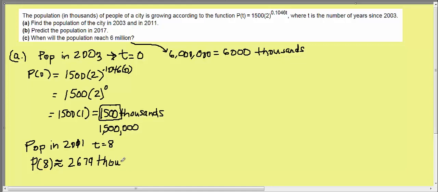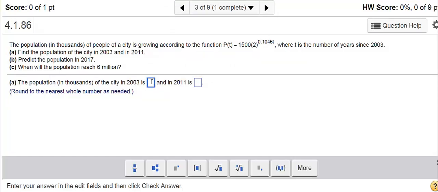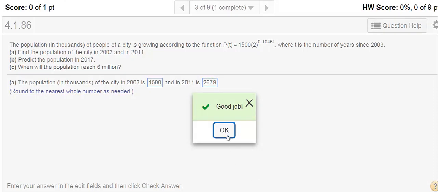I'm not going to worry about rewriting it here into millions. This is what you'll put in. Let me show you. See, that's what you'll be putting in.